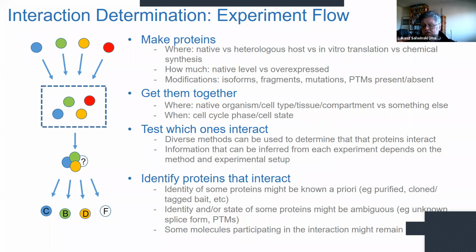And then once we identify a group of proteins that interact, quite often we identify once more what those proteins are. The reason is we might have a case where we make one protein first, we know what it is, but then we pour a lysate from some cells over it to see what sticks to our known protein.